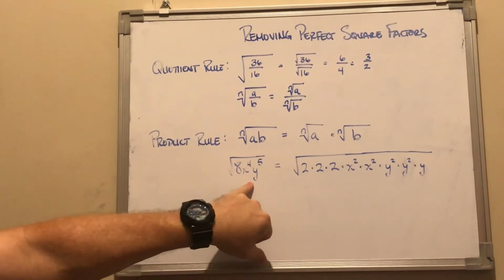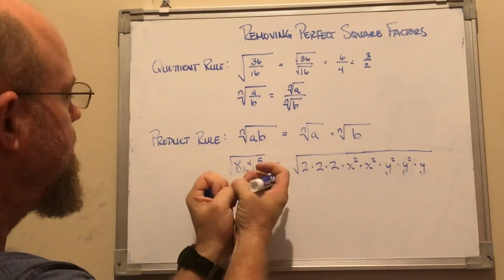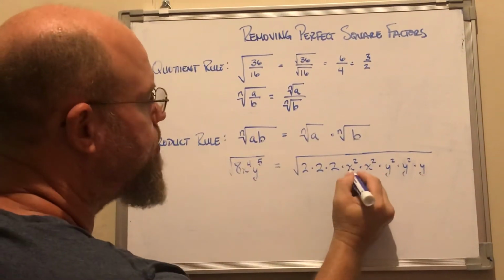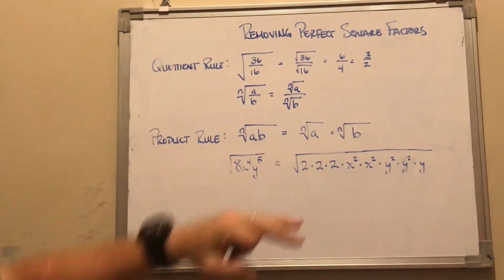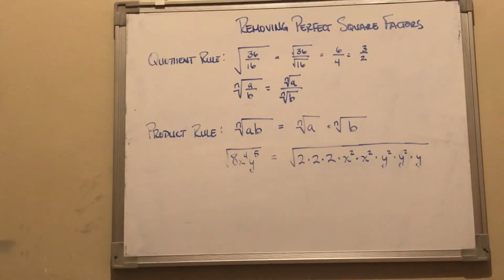And so with these variables, what you want to do is divide those up into perfect squares, because that's what we're trying to find, the square root of our factors.